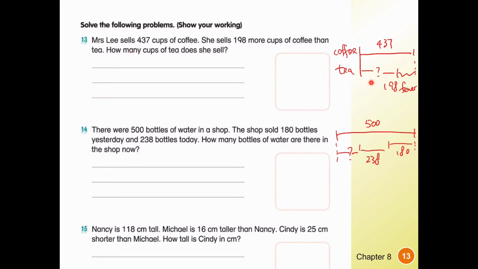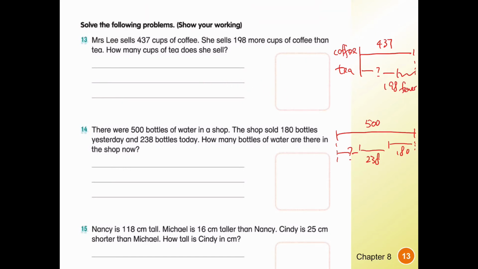So we only need to find out the number of cups of tea here. So it will be 437 minus this number in order to get the number of cups of tea. Only 2 numbers are involved here, so there's no need to write a second step. And remember, you have to write the sentence plus the column form over here.